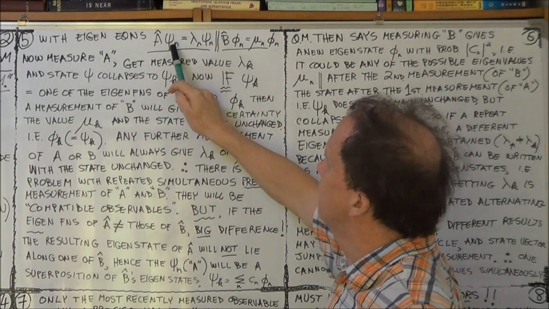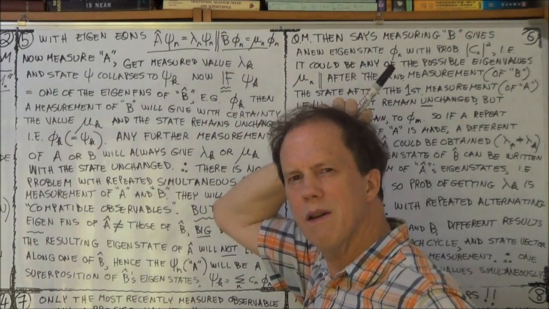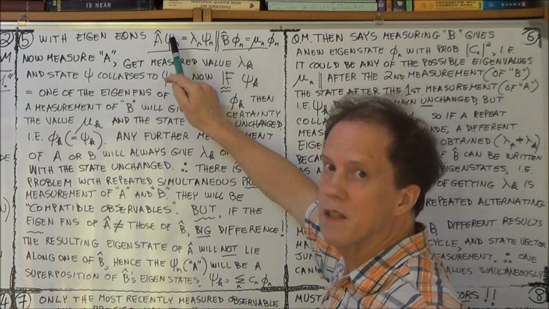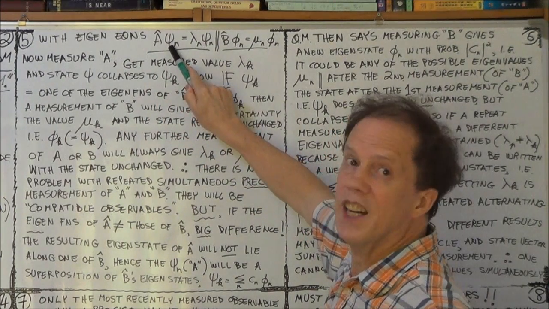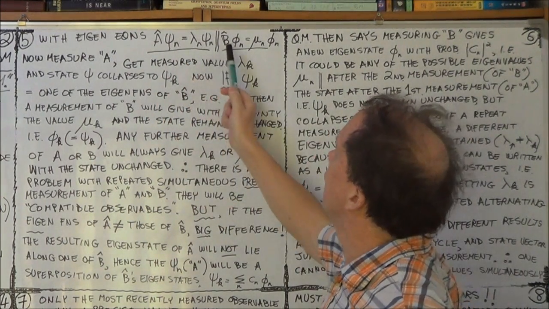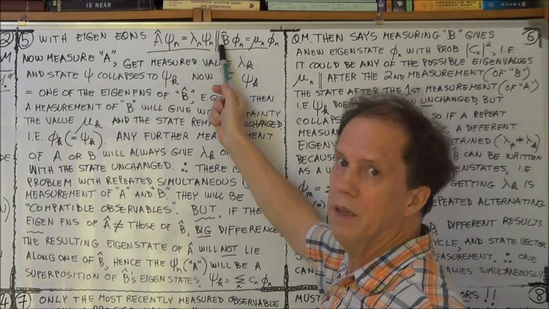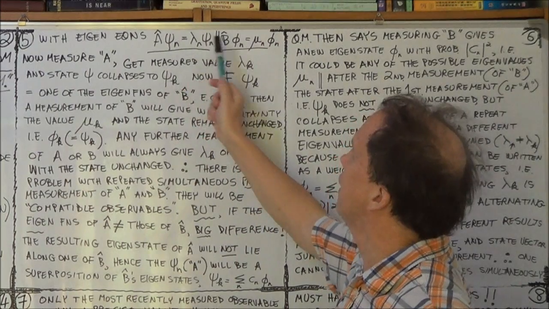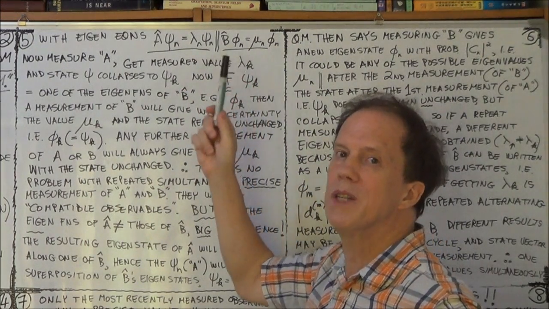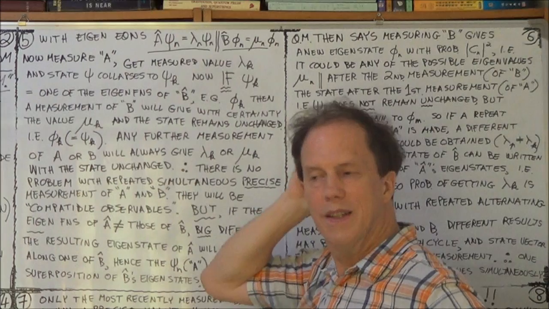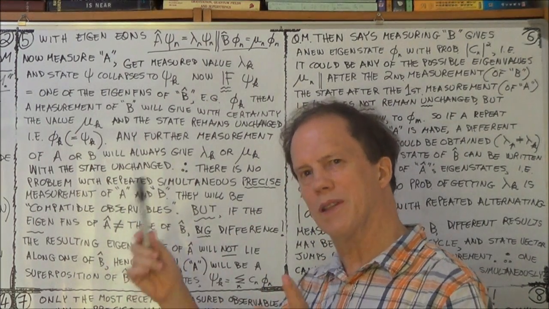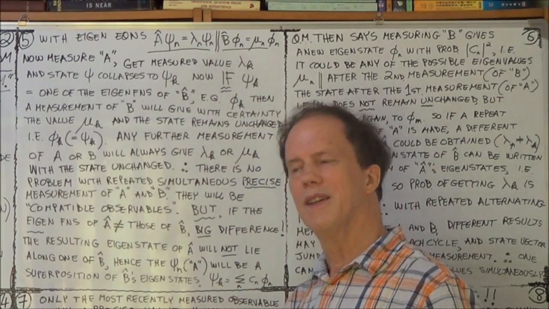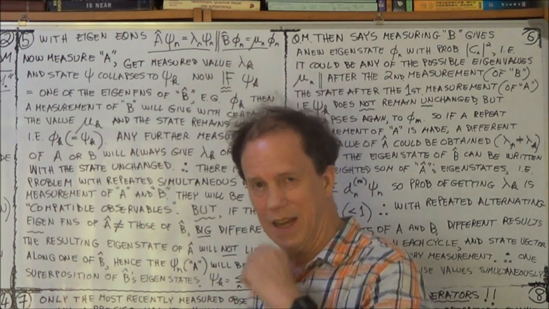And let's take a mental note that the eigenfunctions for A are psi, and the eigenfunctions for B, or B hat, are phi. Okay, so psi and phi, so you know which is which. It could get confusing when we talk about these wave functions, whether we're talking about phi or psi, and about A or B.